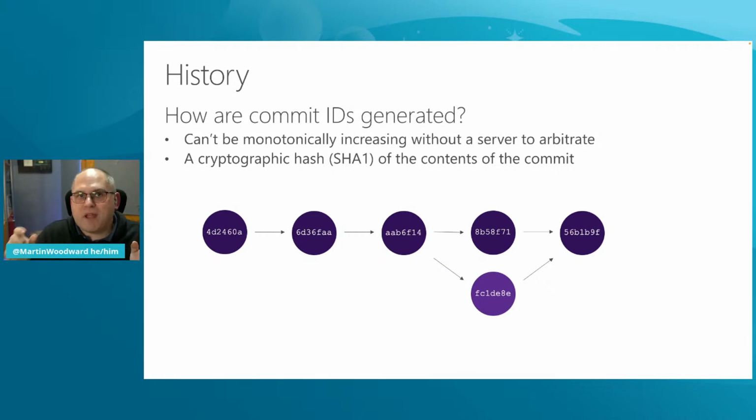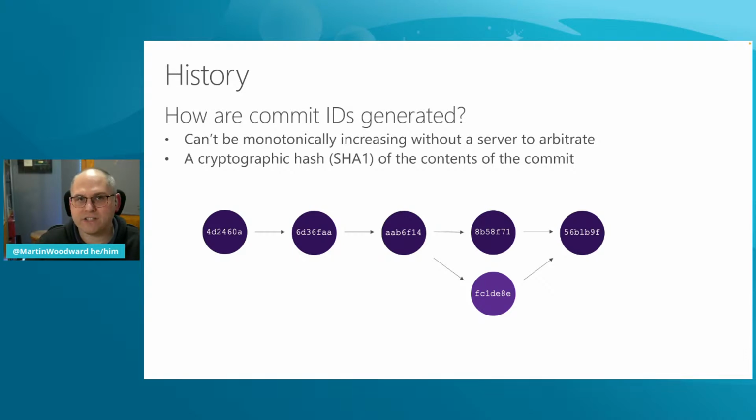Basically, it's just a bunch of hexadecimal characters, and it doesn't go up one by one. It's just a cryptographic hash of the contents of your file system and how it's changed from the previous point in time.